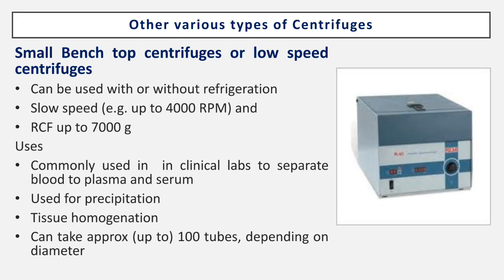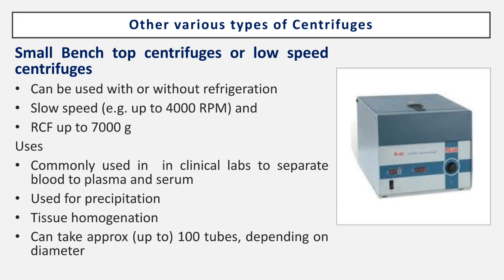RPM means revolutions per minute, whereas RCF is expressed in terms of times of gravity. So relative centrifugal force is how much gravitational force is applied on the particles in the test tube.